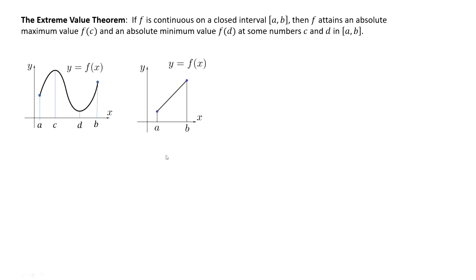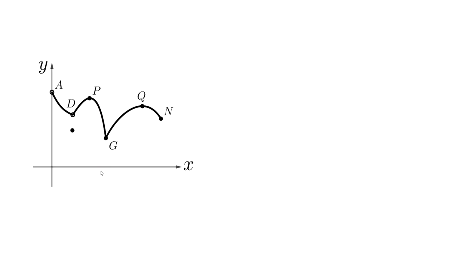That's perfectly possible. So you're guaranteed of this. That is the greatness of this extreme value theorem. All you need to do is show that the function is continuous on a closed interval, and then the theorem guarantees that you will have an absolute maximum and an absolute minimum. Cool. All right.